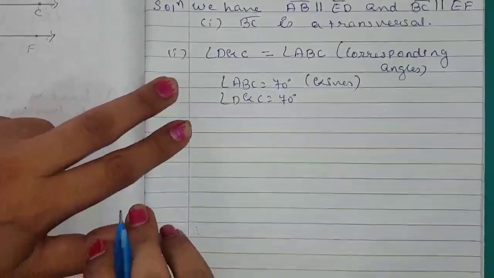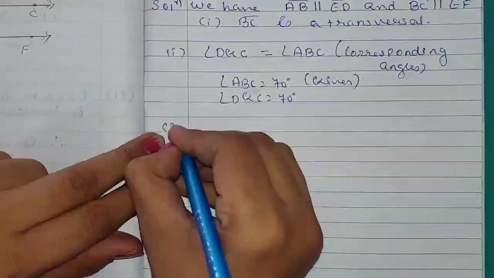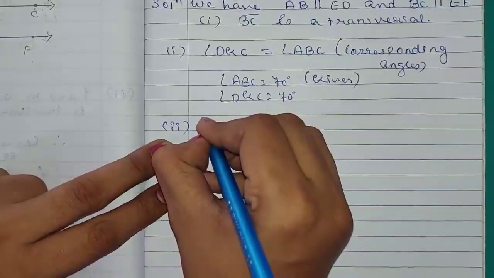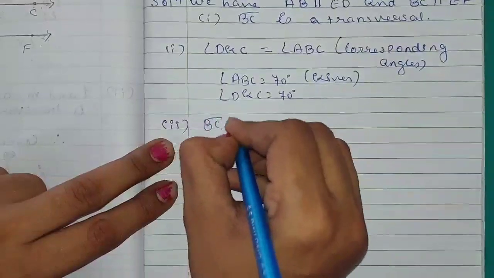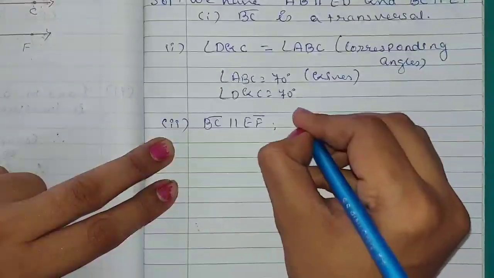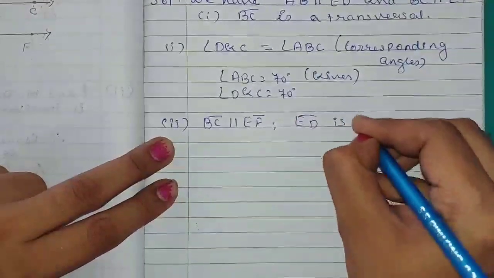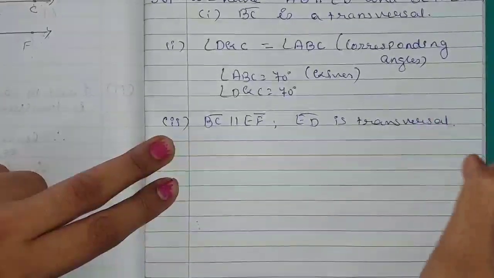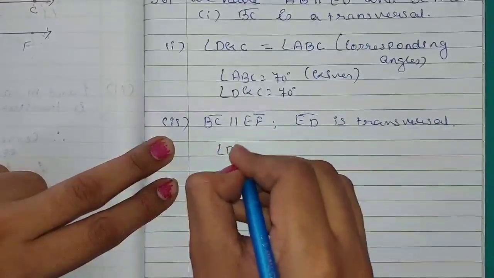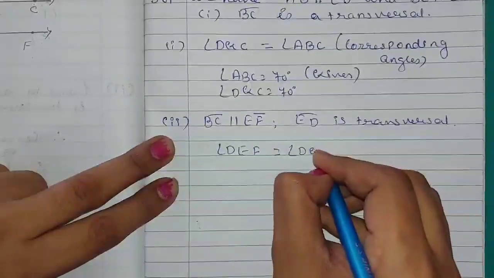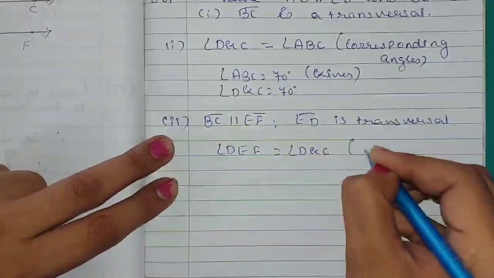Now let us find for number 2, that is, we have to find DEF. So here what is parallel? BC is parallel to EF and here ED is the transversal line. So here also angle DEF equals angle DGC.